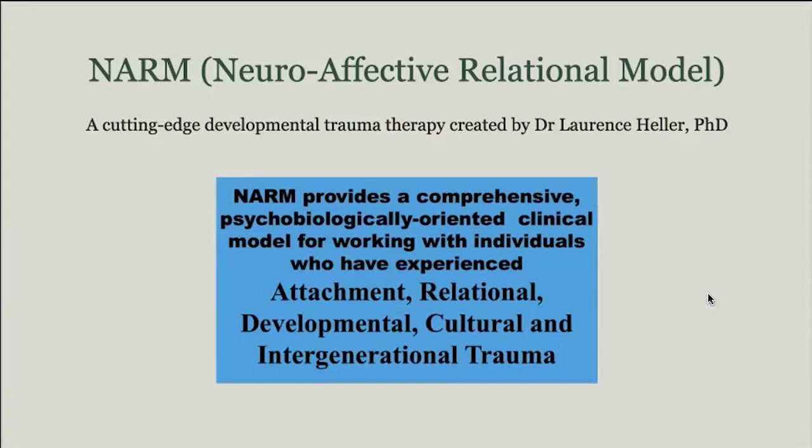And really, by far the strongest focus of NARM is on developmental trauma. And as we'll come to see, in NARM we address both these levels that I just spoke of, both the identity level, which we call top-down, as well as the body nervous system level, called bottom-up. We work with both.